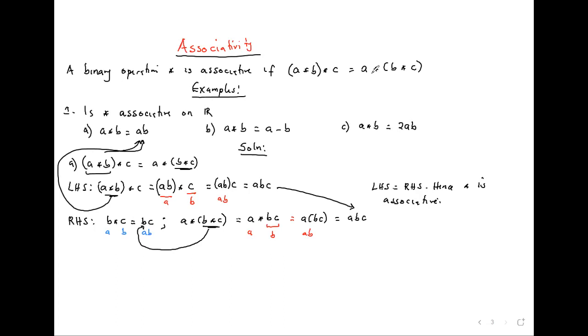Since I have to deal with A star, B star, C, I have three things, but the definition of star only needs two, one on the right, one on the left. So pick A star B. It will give us AB. So you operate the brackets first.